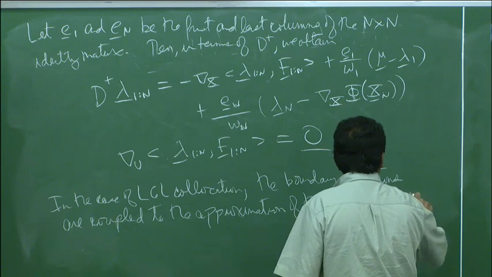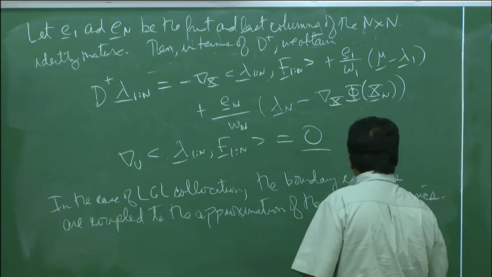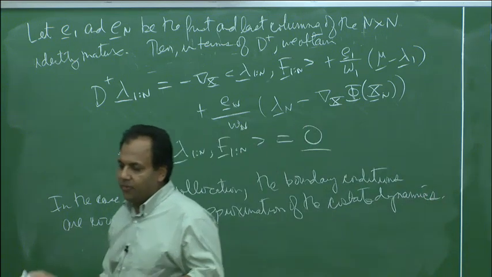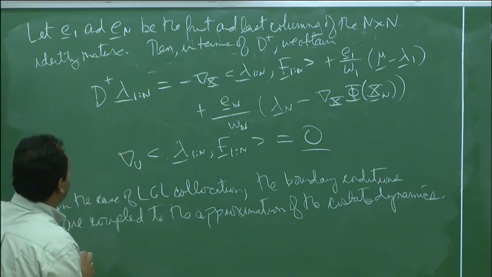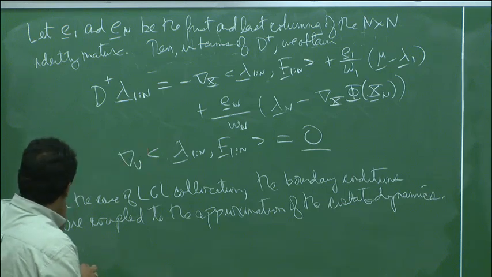Now, you remember that in the case of Gauss, the boundary conditions were completely decoupled from the costate dynamics. In the case of Radau, one of the boundary conditions, the initial condition, was still coupled.